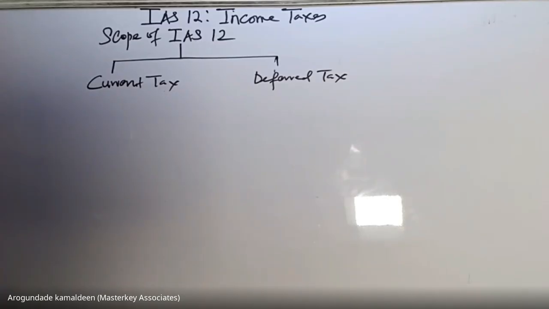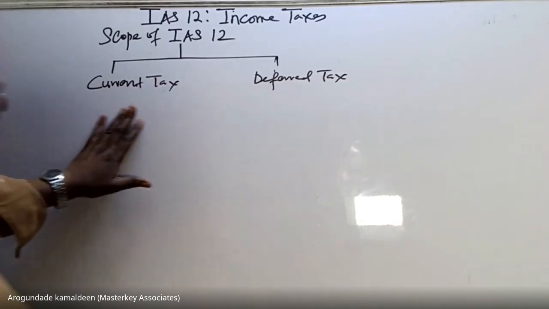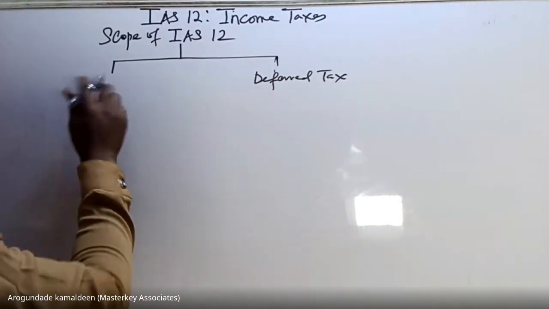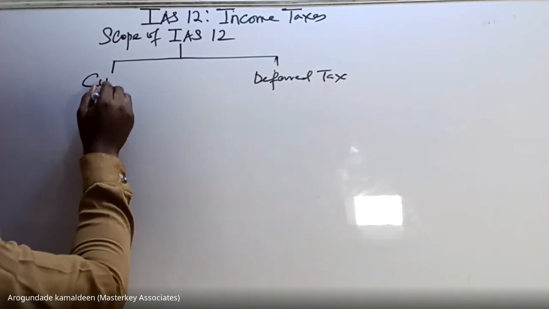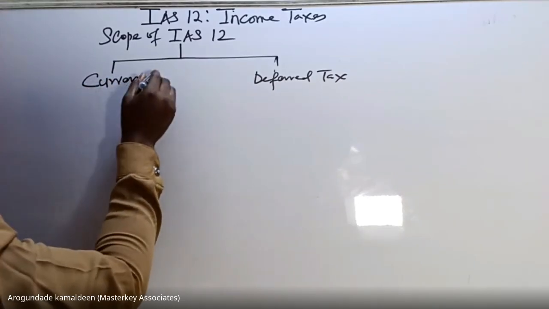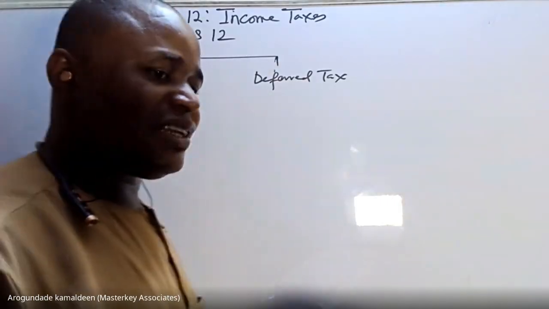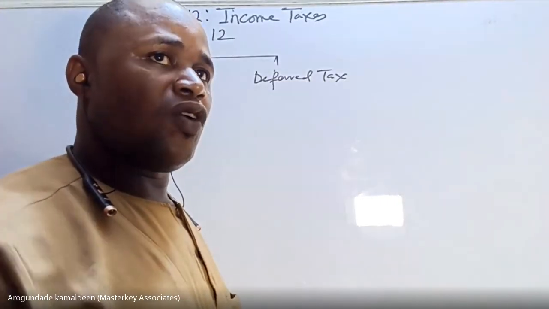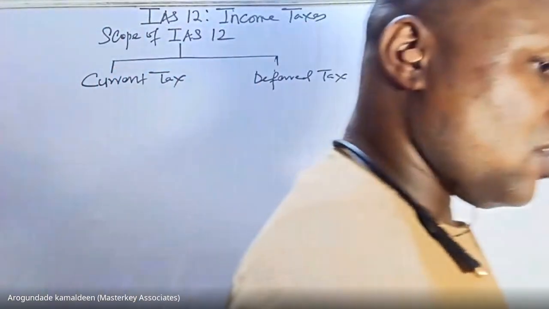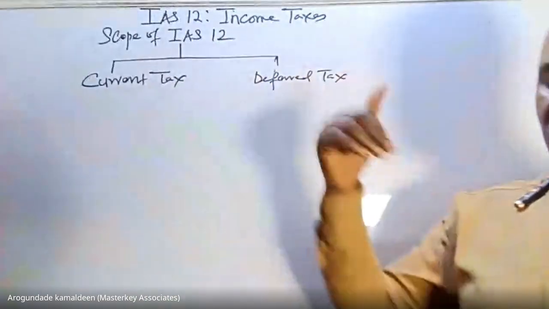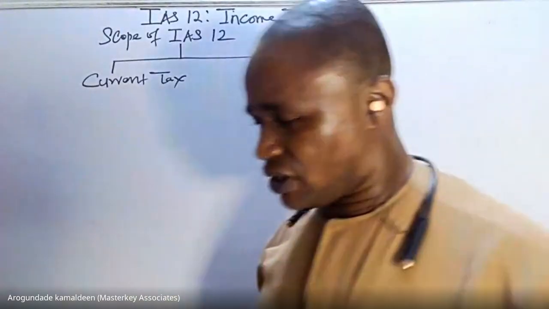So under IAS 12, we are going to be talking about the current tax and deferred tax. The current tax is the tax you are paying on your current income. The deferred tax is the future tax. We shall take it one after the other.